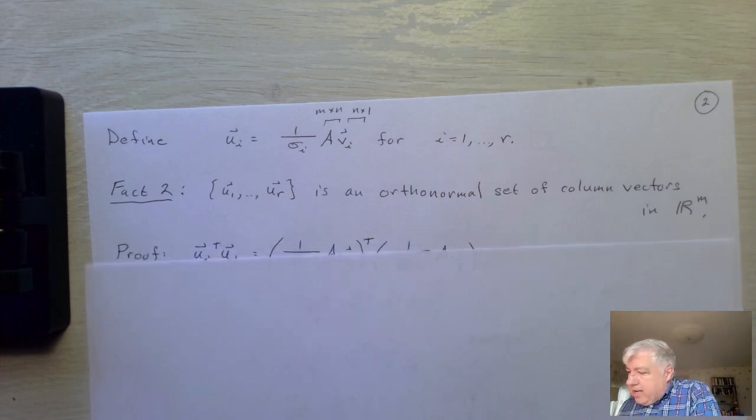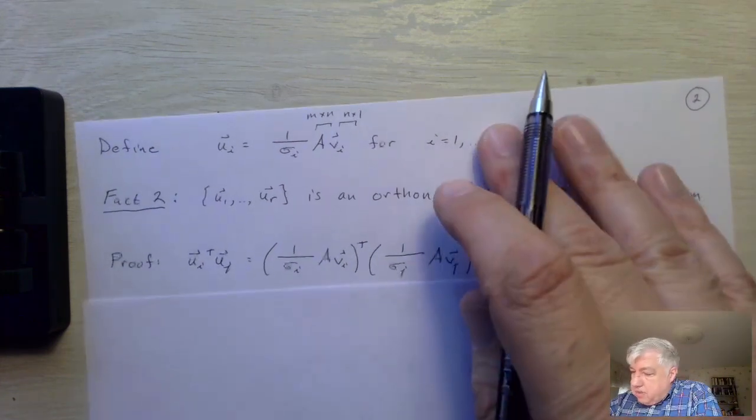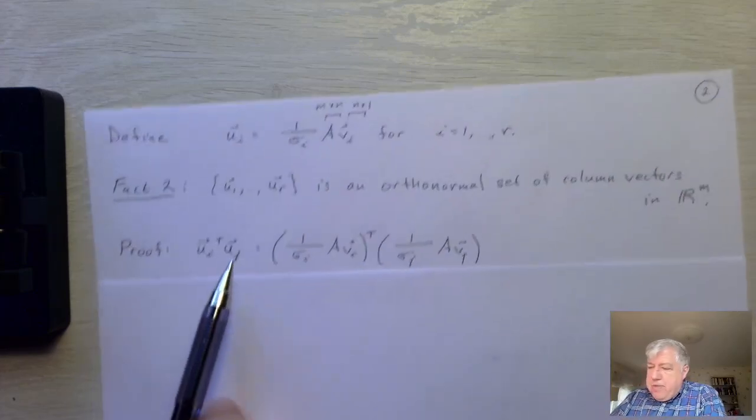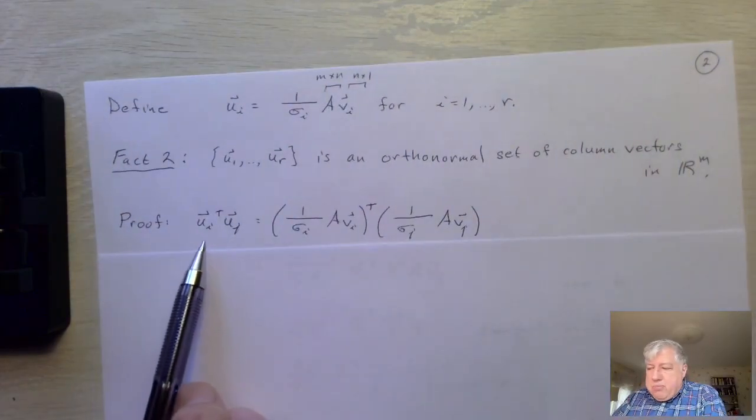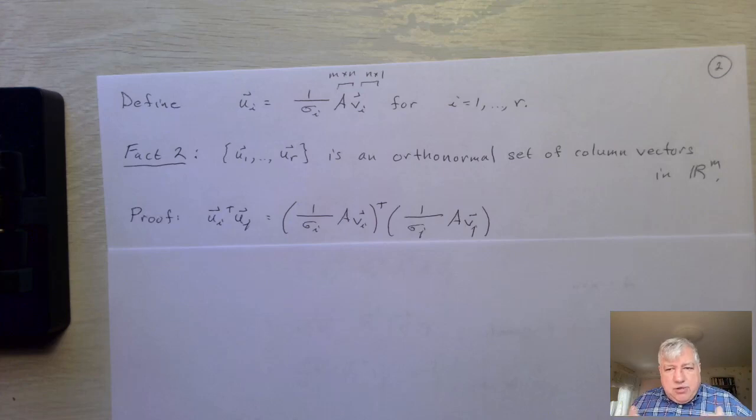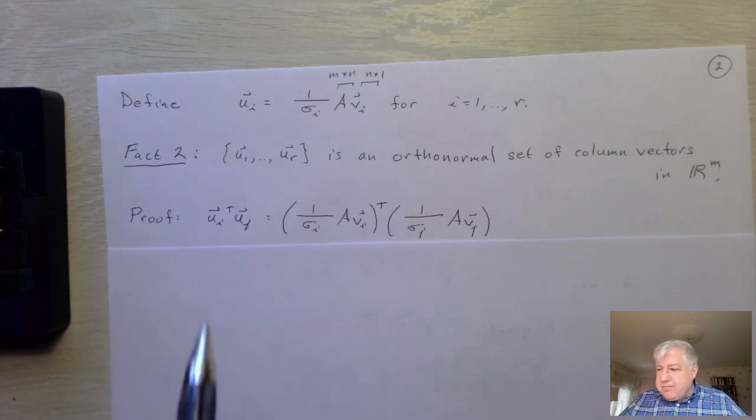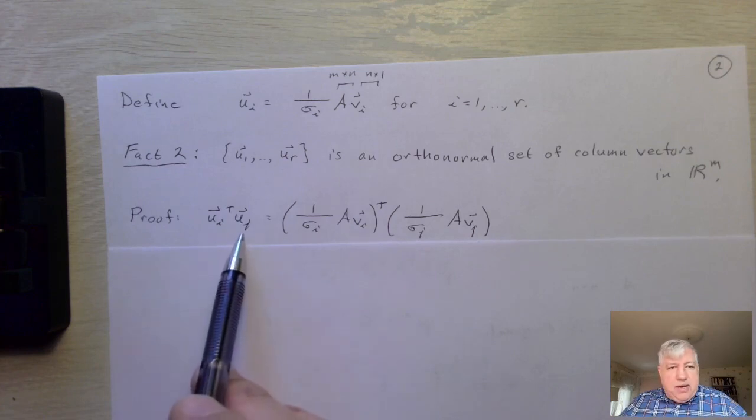So why is it orthonormal? Well, we just have to take the dot product of u_i and u_j, and we're just going to see that it's either 0 or 1. Remember the dot product, as I said on the last slide, is the same thing as taking the transpose of one vector and multiplying it by the column vector.